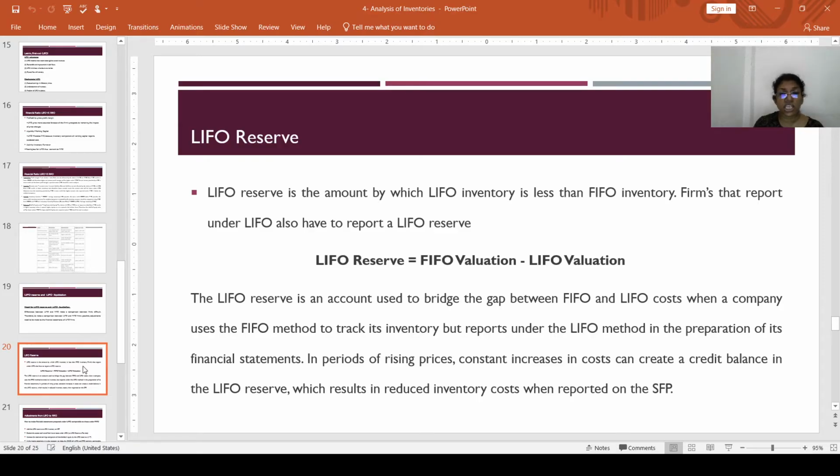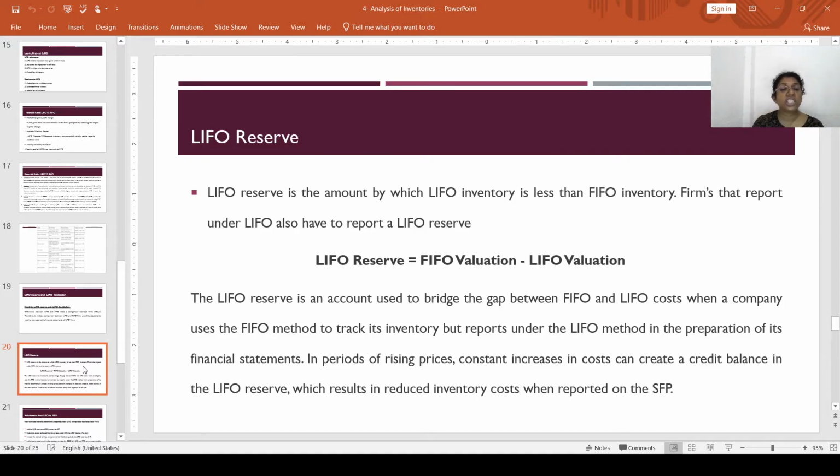LIFO reserve is the amount by which LIFO inventory is less than the FIFO inventory. Here, the LIFO reserve is the FIFO valuation minus the LIFO valuation.